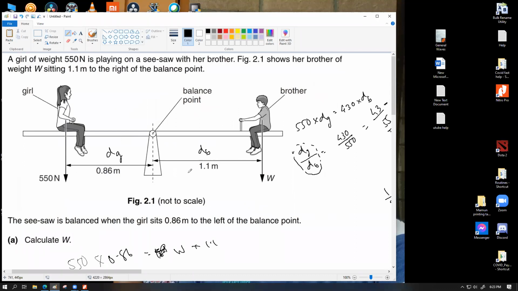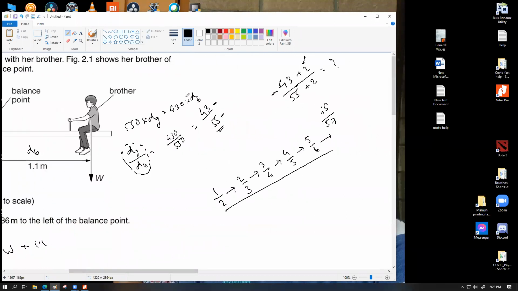Now comes the question: on which side will this fall down? So I just wanted to show you the idea of fraction to give you a mathematical idea that this ratio of the girl distance versus boy distance will not remain exactly the same if we start adding equal numbers on both sides.